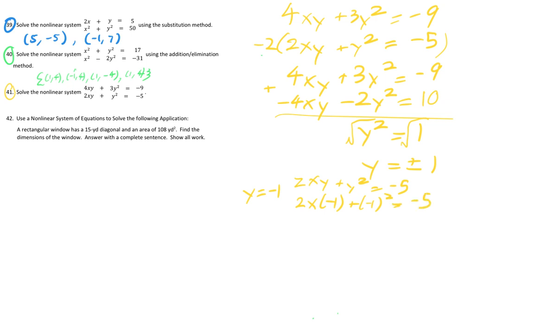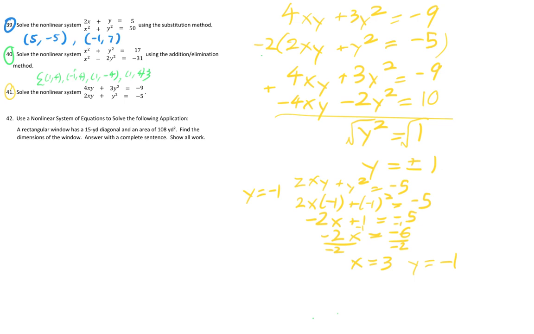So now we have -2x plus 1 is equal to -5. So -2x is equal to -6 as we subtract 1 on both sides. Then to find what x is, we're going to divide both sides by -2. So that means that x is going to be equal to 3 when y is equal to -1.